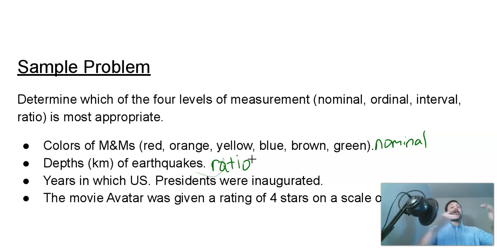Whereas for depths, the surface is obviously the natural point where 0 would occur. You don't really get to choose that. That's just where it should be based on what depth means, right? It's how far below the surface. So the surface would have to be 0. There's no choice in that. But for years, we have a choice. Historically, we have chosen to let the birth year of Christ be the 0 starting point.